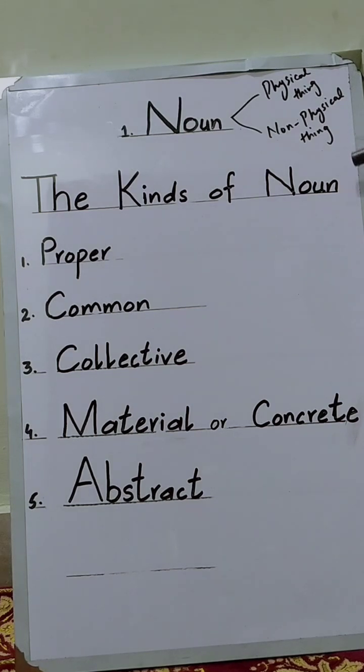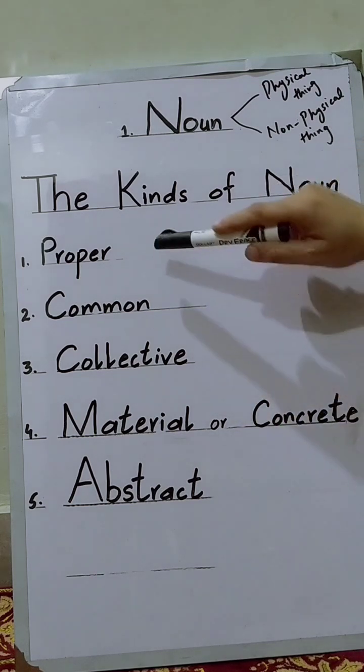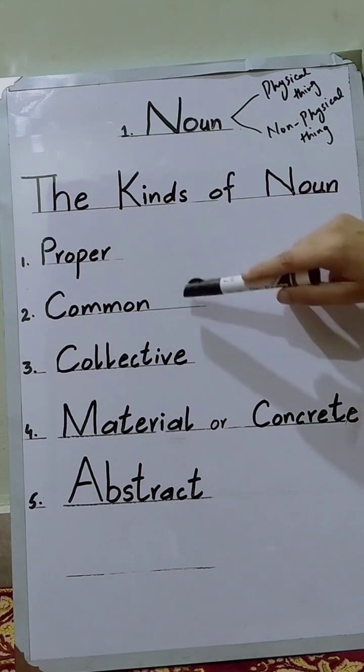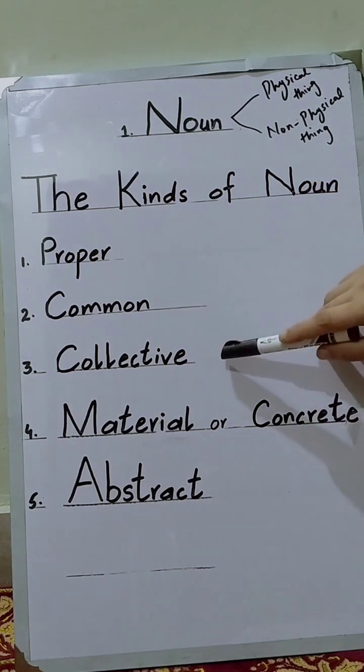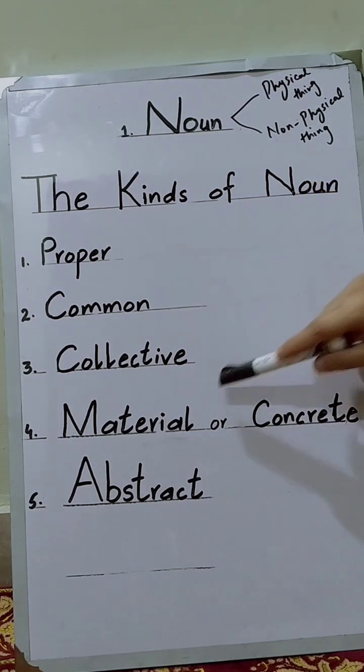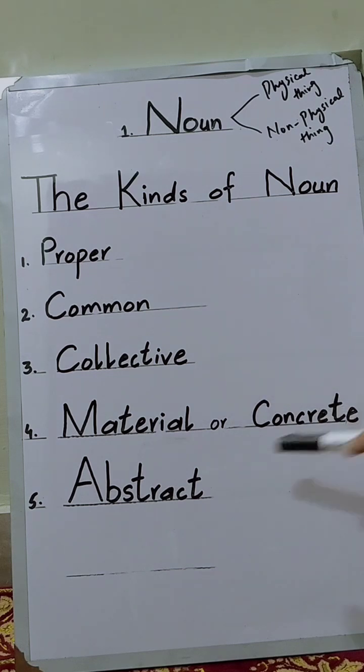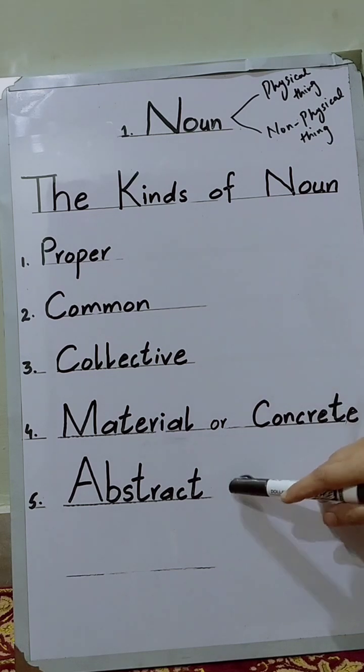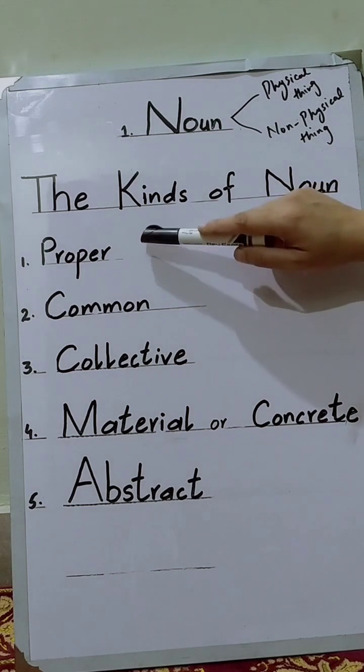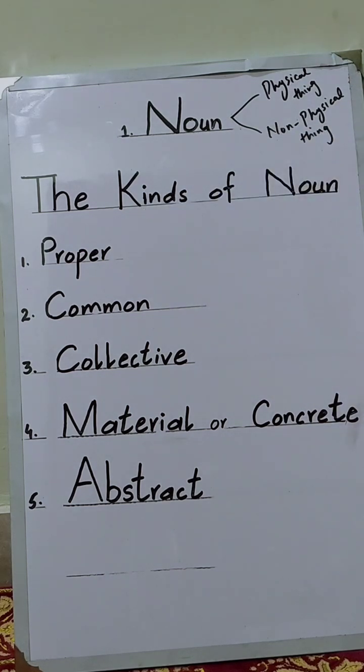Now we'll discuss the kinds of noun. Nouns are of 5 kinds: proper nouns, common nouns, collective nouns, material or concrete nouns, abstract nouns. Proper nouns. You might have noticed that some of the nouns start with a capital letter.